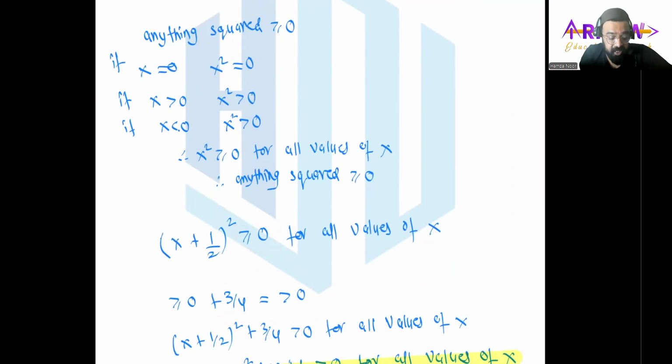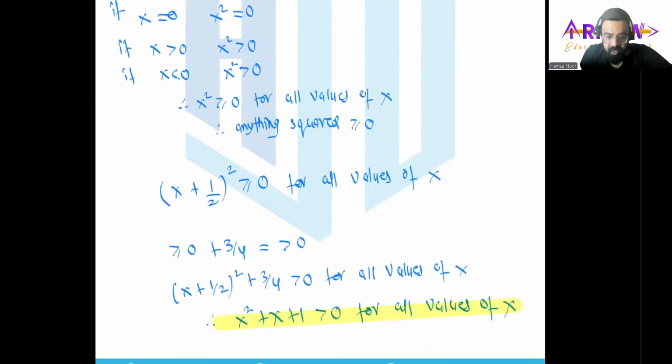If anything is greater than or equal to 0, and we are adding a positive constant after that, the whole outcome is supposed to be greater than 0, strictly speaking. Okay, that's why we use a strict inequality over here.